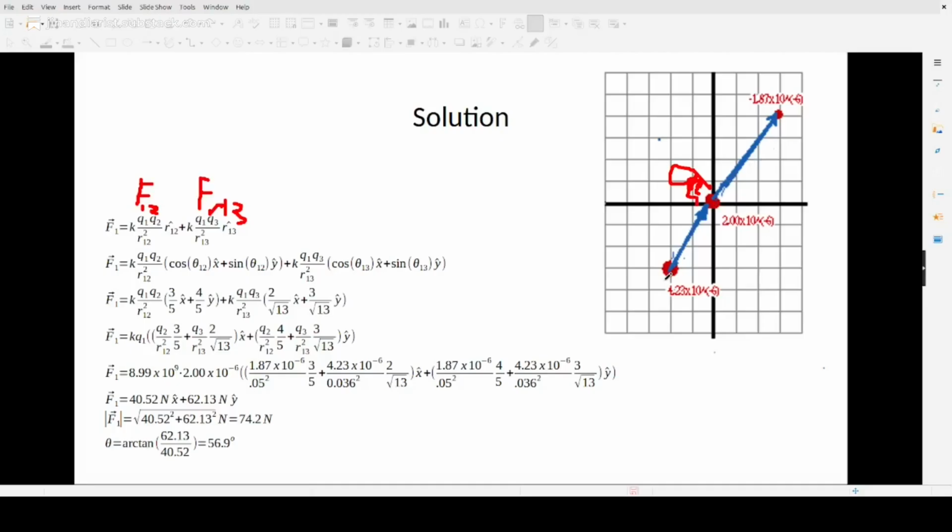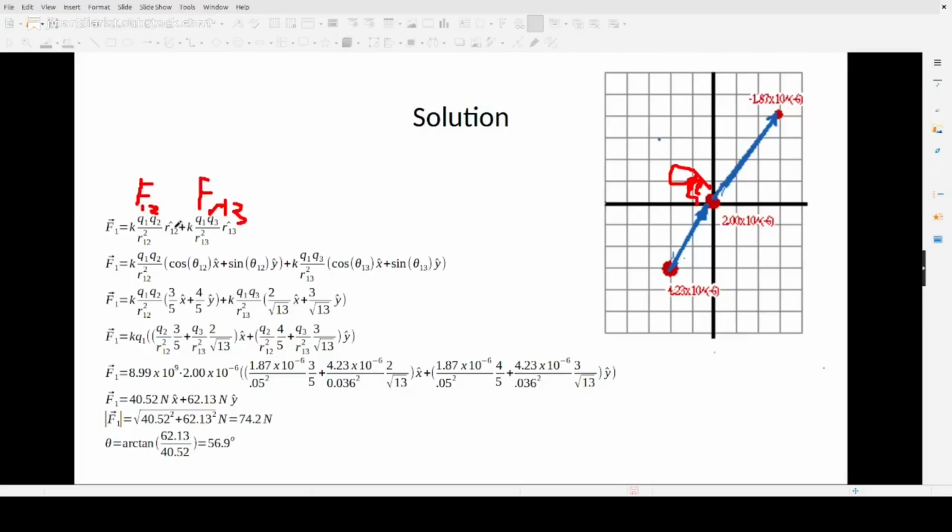We're going to talk about this more later when we talk about fields. Forces flow from positive charges into negative charges. Positive charges are sources, negative charges are sinks. That's something we'll talk more about when we talk about fields next time.